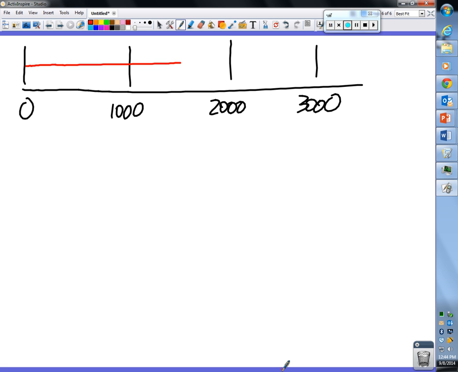How would we measure that line? Okay, go ahead. 1,500. We'll call that centimeters too, just in case. How many certain digits in that answer? 1. What's the certain digit in that measurement? The 1, the 1,000, right? How many uncertain digits? 1. How many uncertain digits does any measurement have? Only 1.